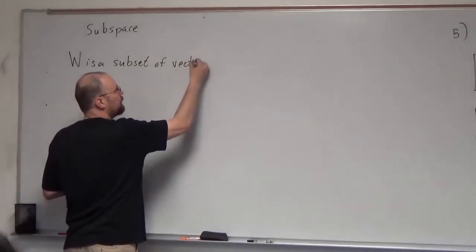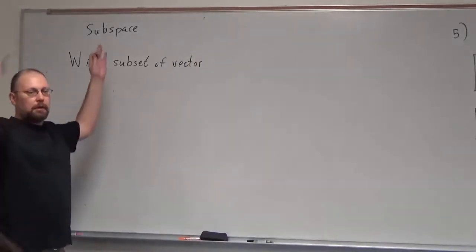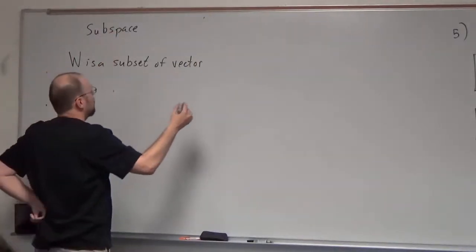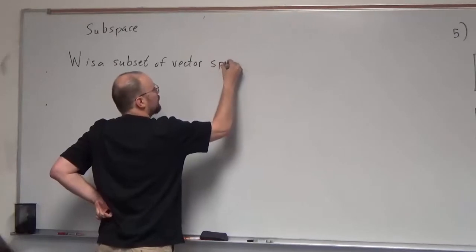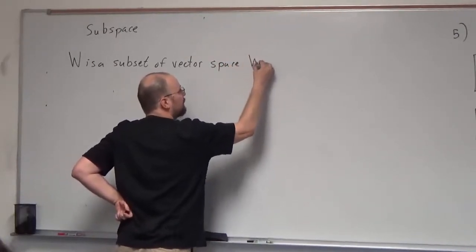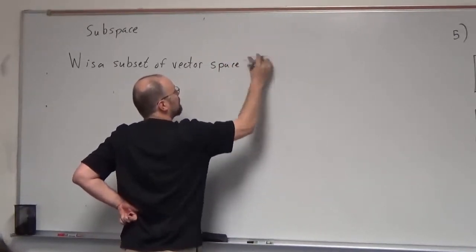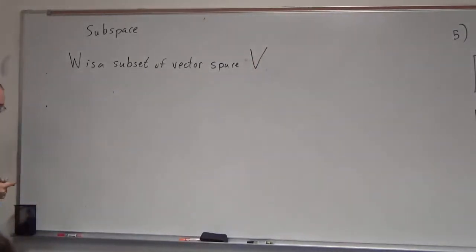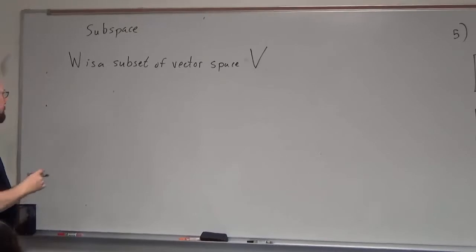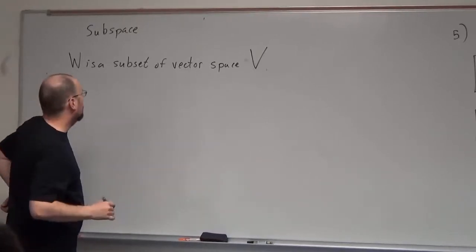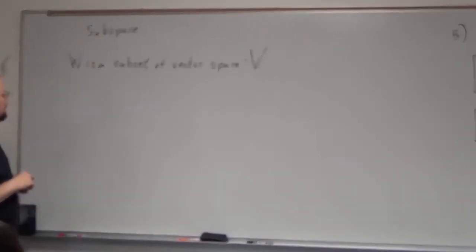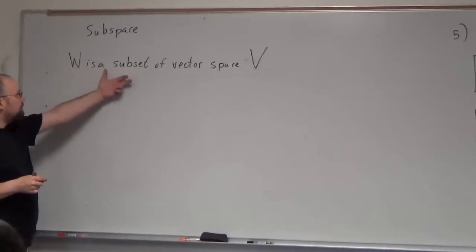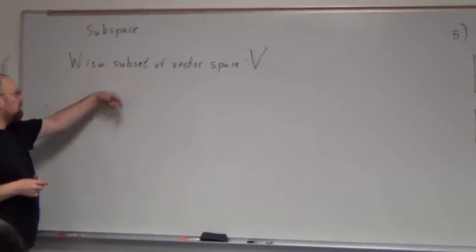So we know we're living in a vector space already, and what we're doing is taking some of the elements in that vector space, not necessarily all of them. A subspace is a subset, first of all, of a known vector space.